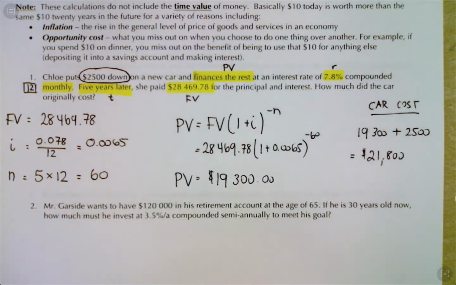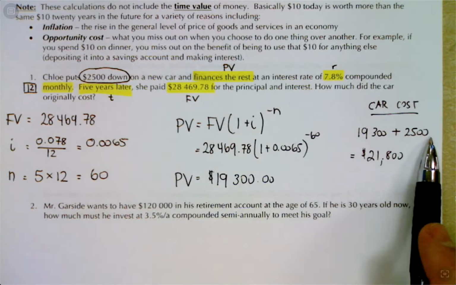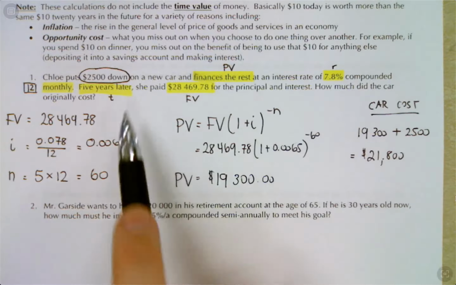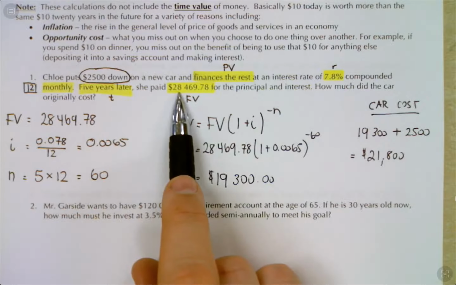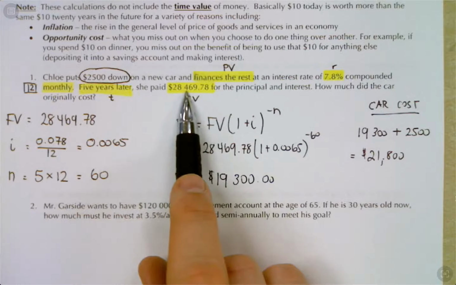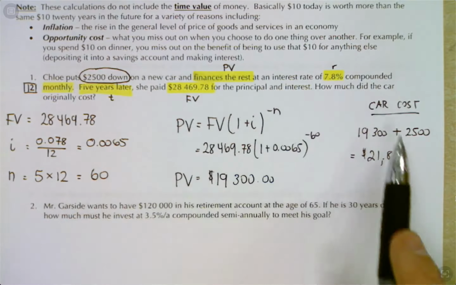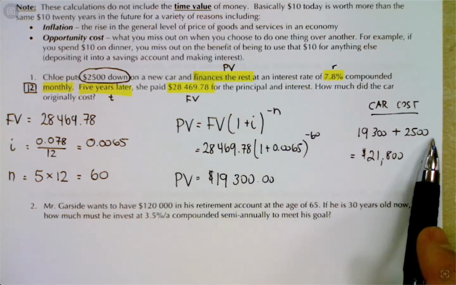Now, how much did she pay for the car? Well, she paid $2,500 and $28,469.78. So she paid that and that, which is over $30,000.